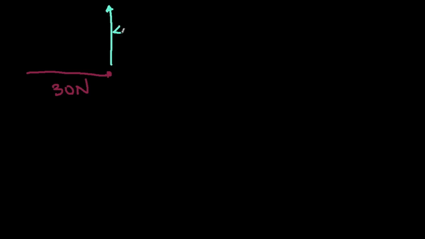So let's make that 40. You will know the resultant force by finding the hypotenuse. So this is the hypotenuse of the right triangle that was formed. So this is our resultant force.